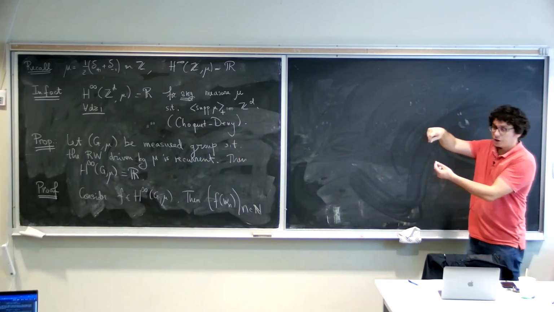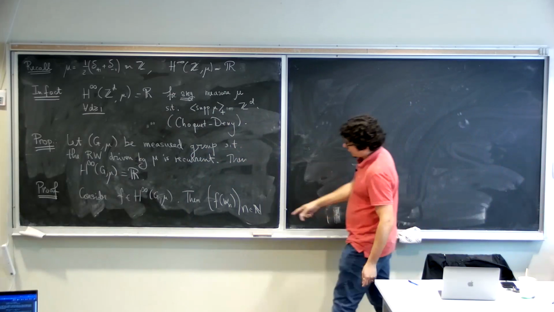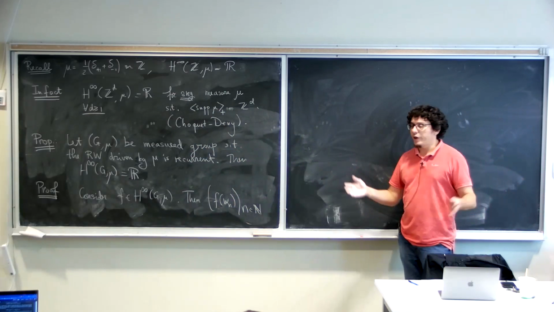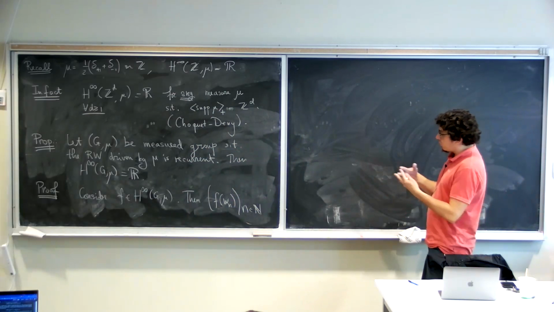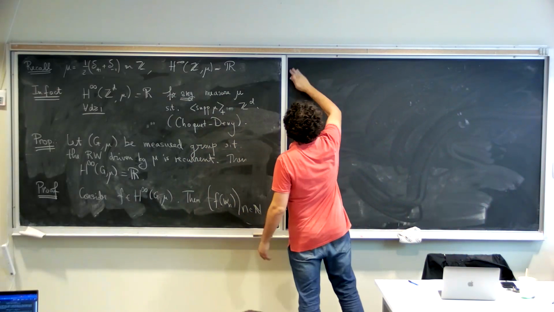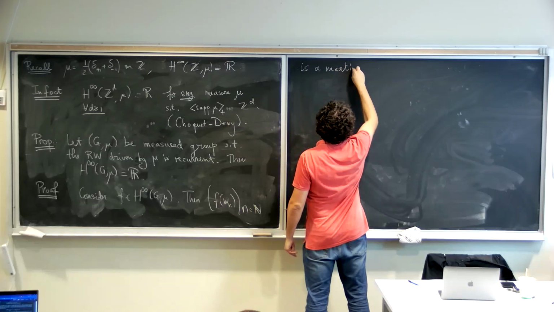You're choosing your destiny randomly, but since f is harmonic, on average your destiny will be fair. The average value of tomorrow will be the same as the value of today. So this is a martingale, and it's bounded.